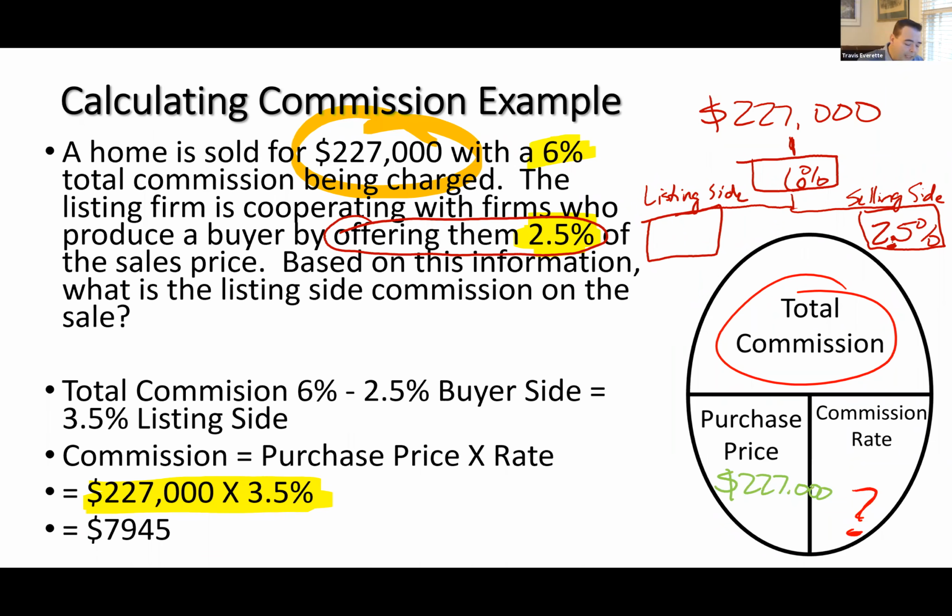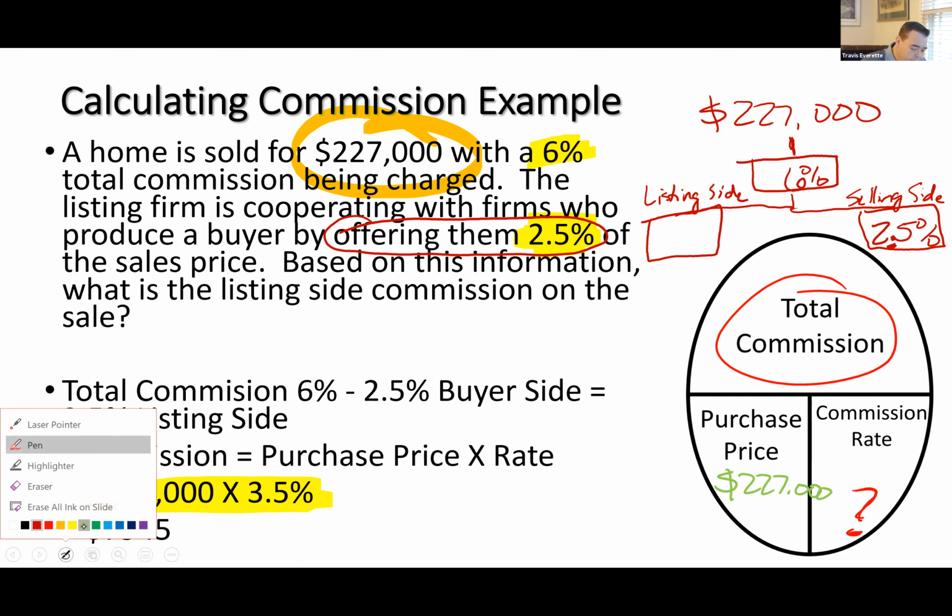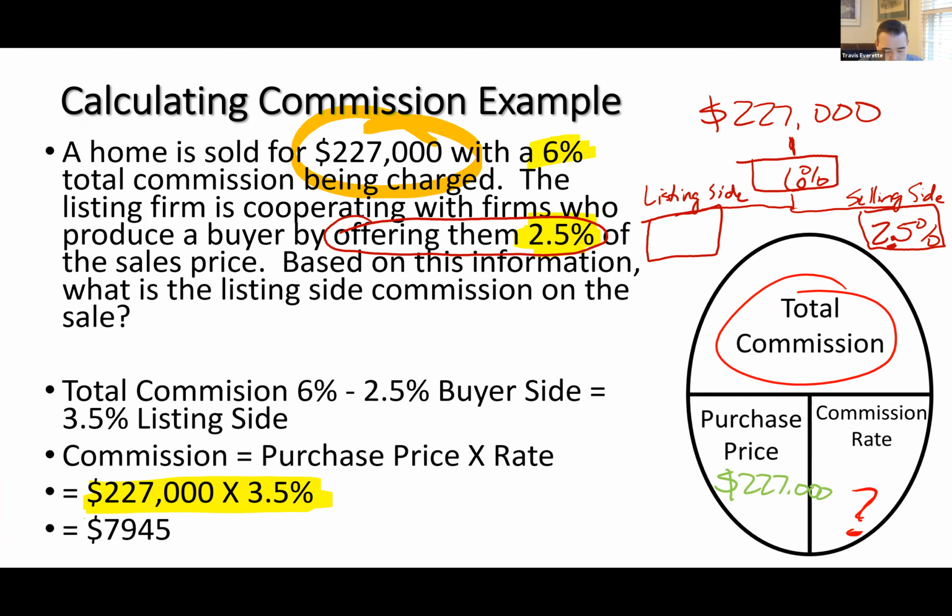Well, I can do basic math, folks, and that's what I'm going to have to do here. I'm going to say to myself, okay, 6% minus the 2.5%, that means over here, this must be 3.5%. That has to be 3.5%, which means now I have both sides filled in.